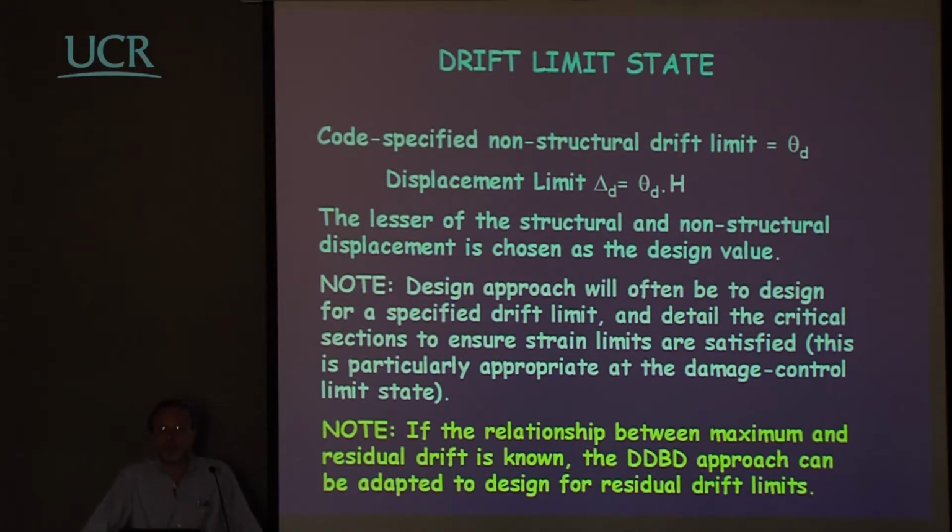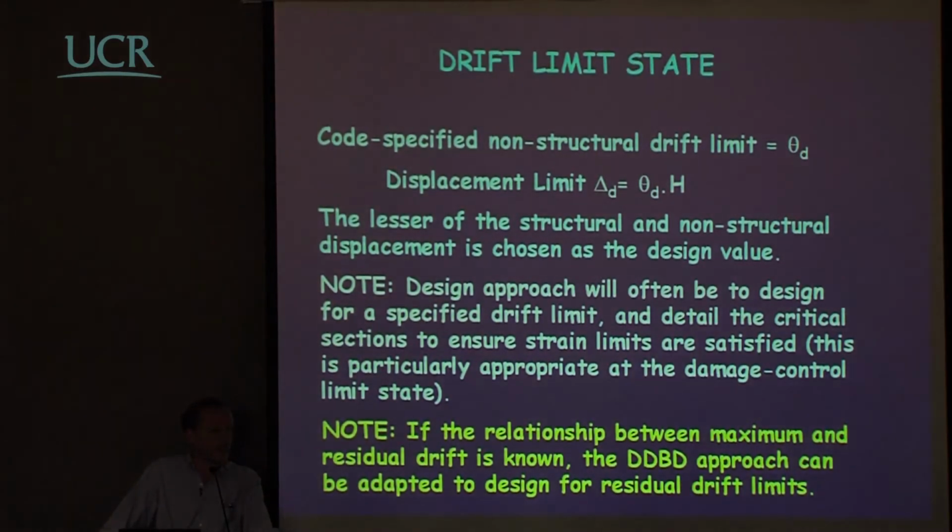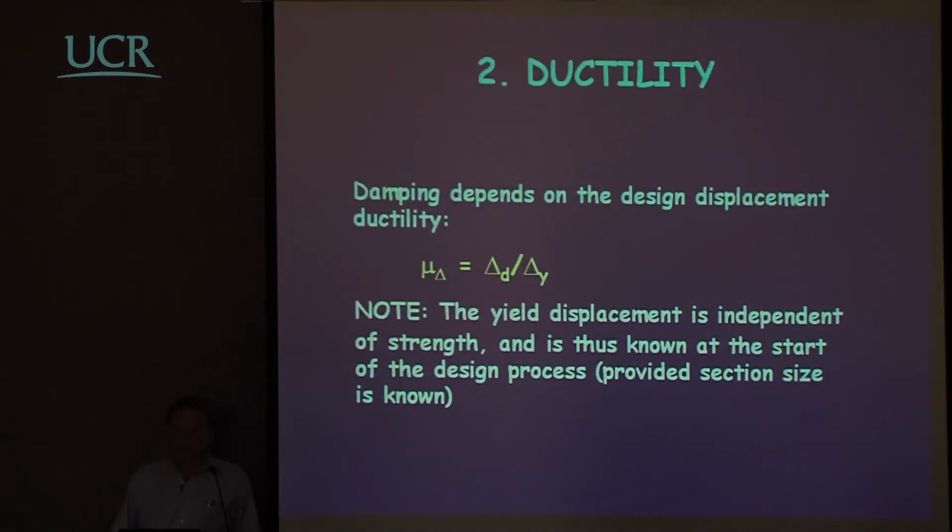And as you know, residual displacement is actually what you have at the end of an earthquake. When you go and see what happens after an earthquake, this is what you see. And this is essentially what you look at to decide what to do to a structure. So in the future, this could be an interesting parameter to look at.